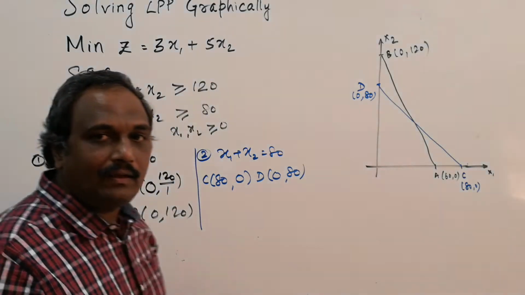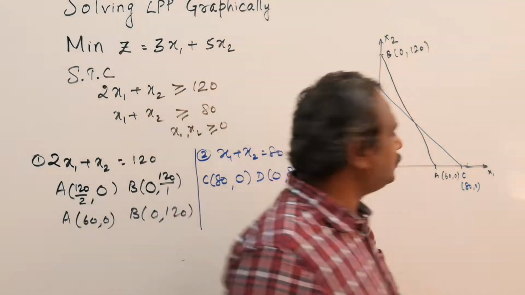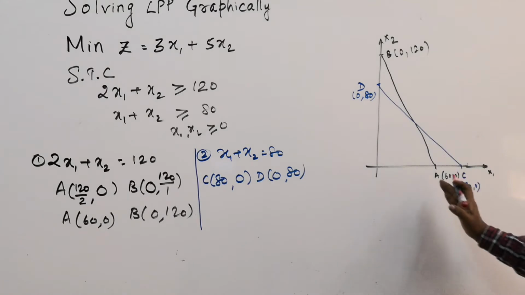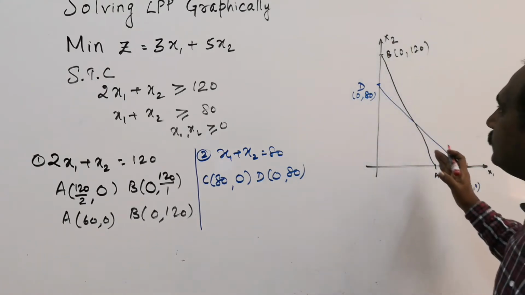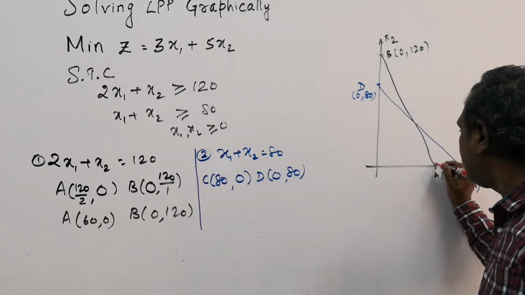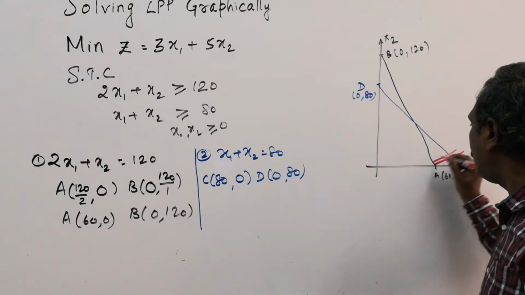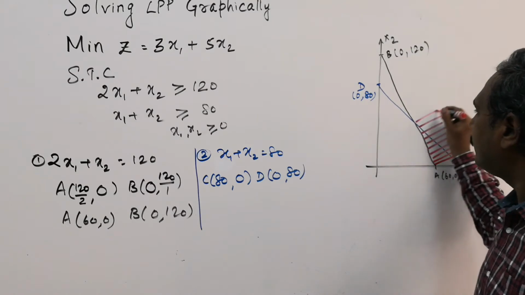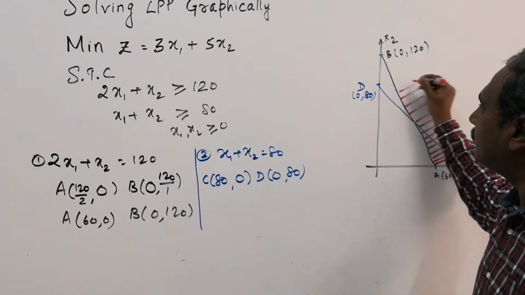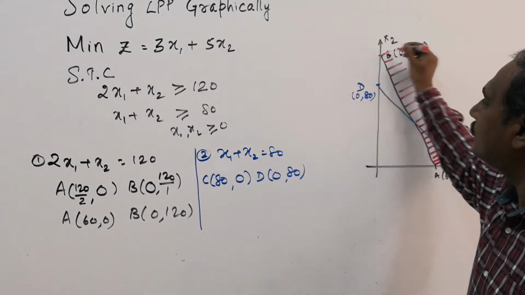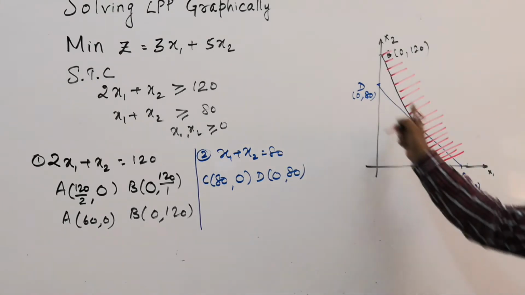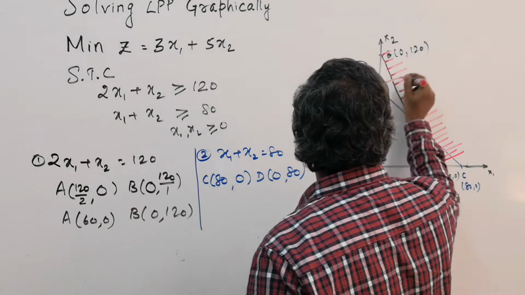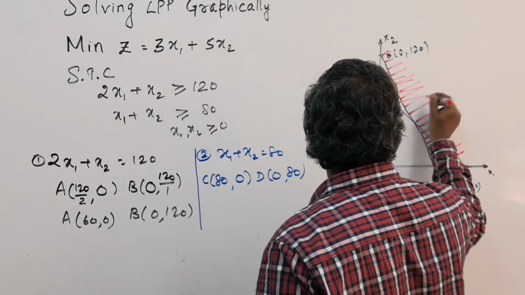That means the values of x1 and x2 lie outside the line. For the first equation, line AB, the values are outside this line. In the same idea, for the second straight line, the values are outside this area.